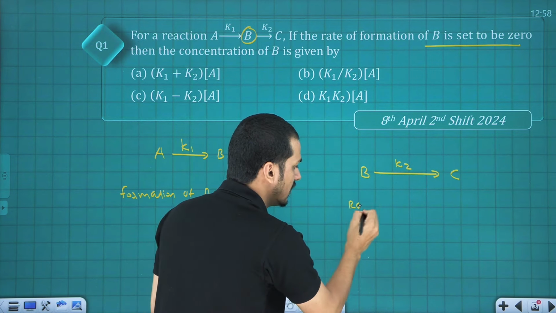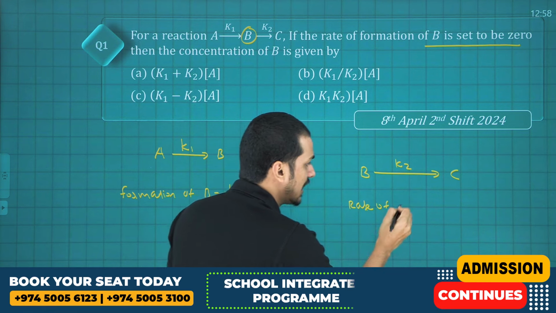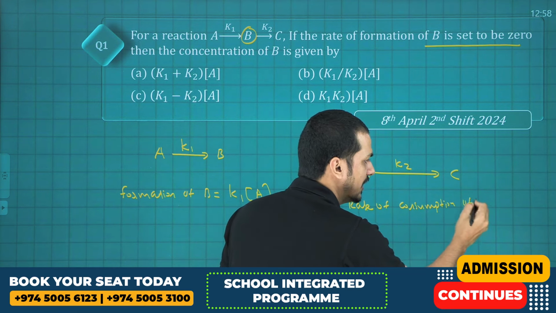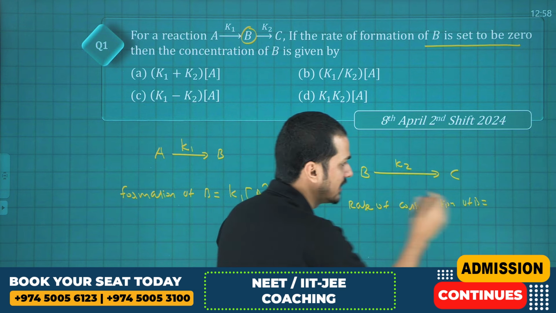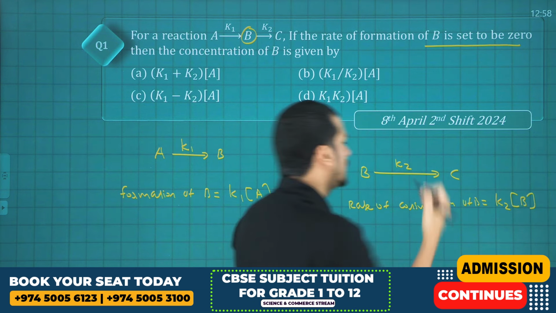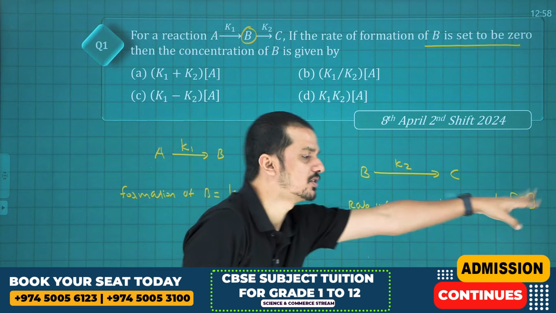So the rate of consumption of B is equal to K2 into concentration of B.